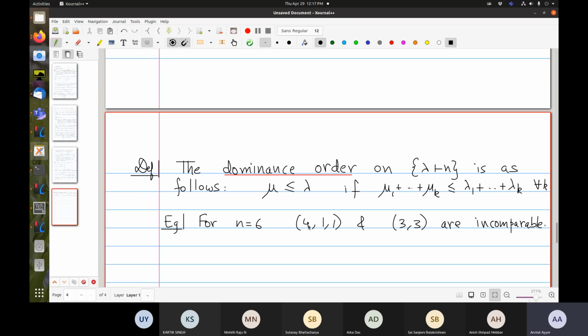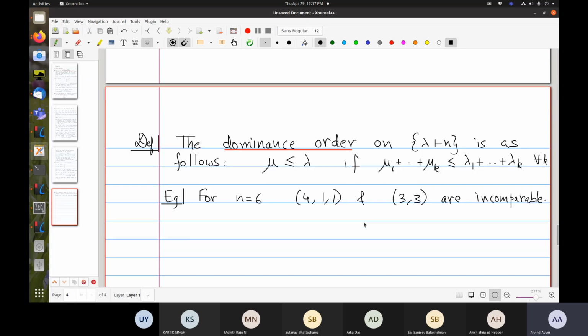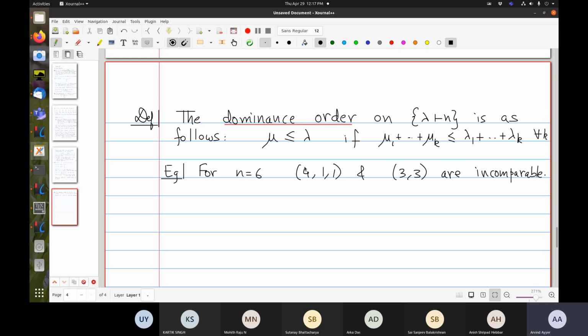So 4 is greater than or equal to 3, but 4 plus 1 is not greater than or equal to 3 plus 3. Okay, so you cannot say any one of these is less than the other. Okay, so this is an important order, and it helps simplify many proofs. So it's a good reason for defining it this way.